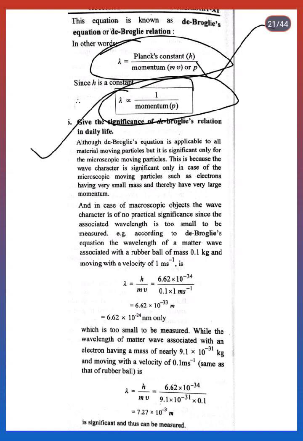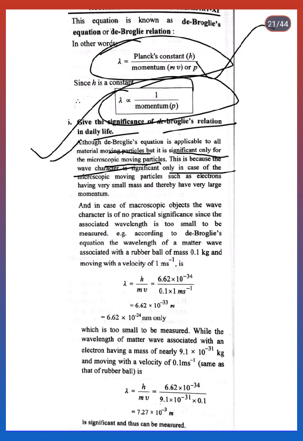Next, the significance of the de Broglie relationship in daily life. Although the de Broglie equation is applicable to all moving material particles, it is significant only for microscopic moving particles. This is because the wave character is significant only in the case of microscopic moving particles such as electrons, having a very small mass.